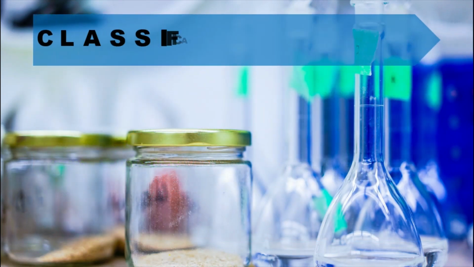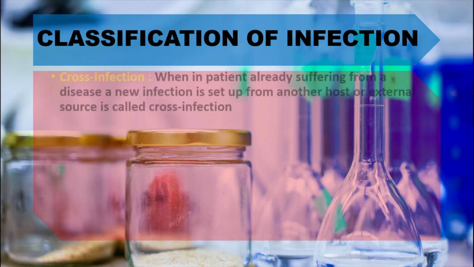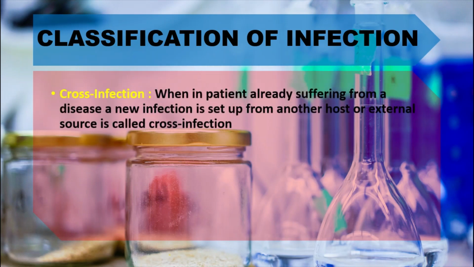Now coming to the next term, cross infection. When a patient already suffering from a disease acquires a new infection from another host or any other external source, it is called cross infection. If the patient already has a disease and acquires a new infection from another host or an external source, that is referred to as cross infection.